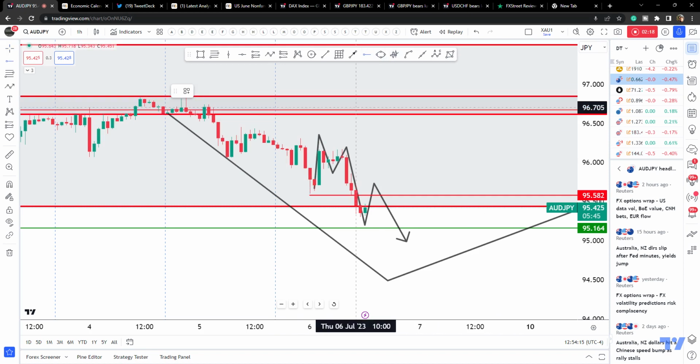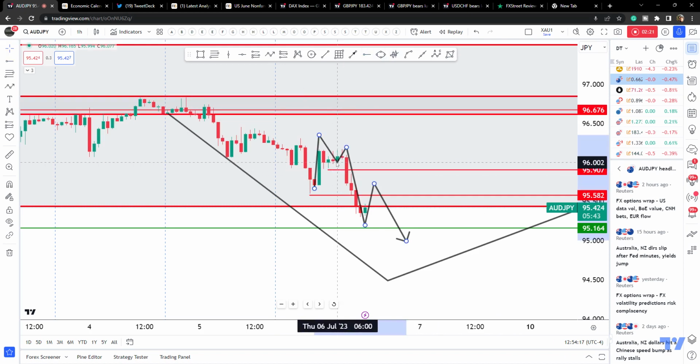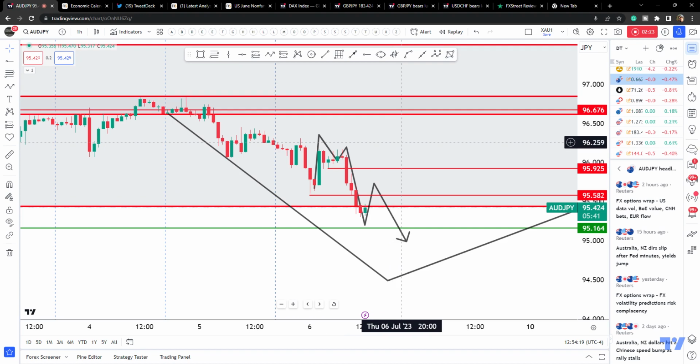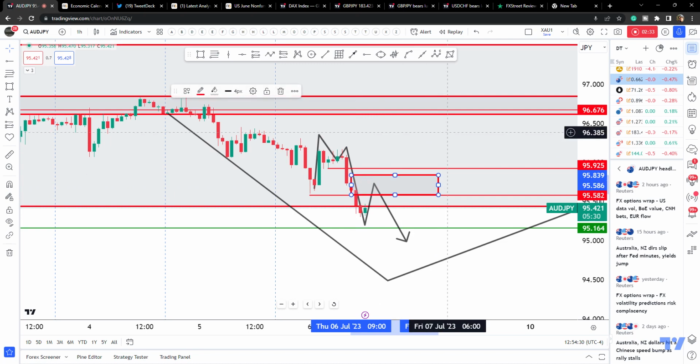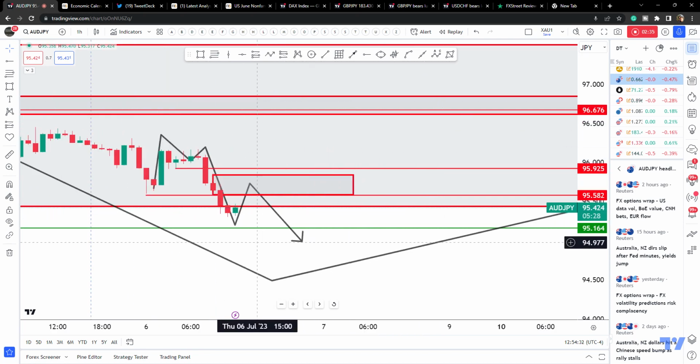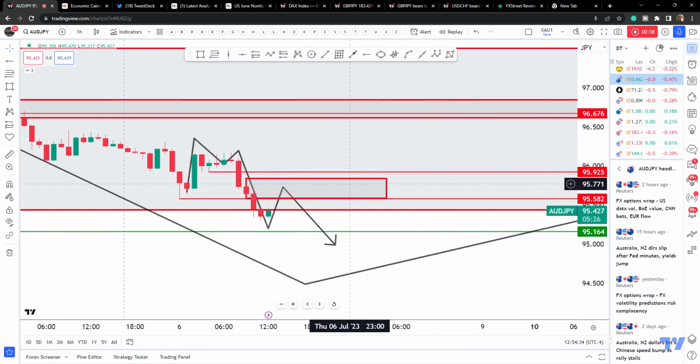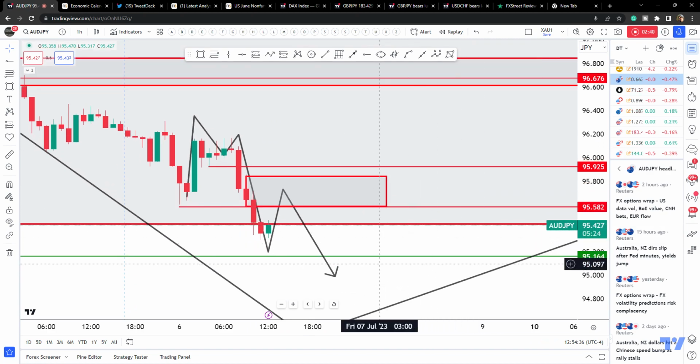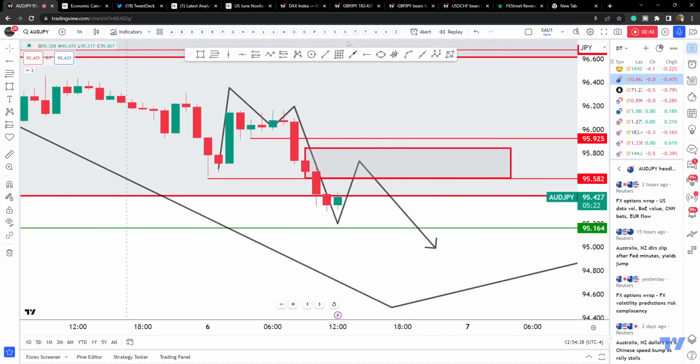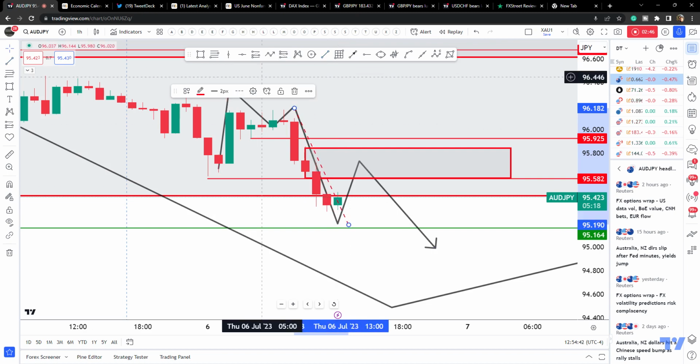Resistance, resistance, resistance over here. We're already starting to see, how long have we got? We've got 5 minutes to the close of that hourly candle. So what we could be doing is looking for an opportunity to buy the market.